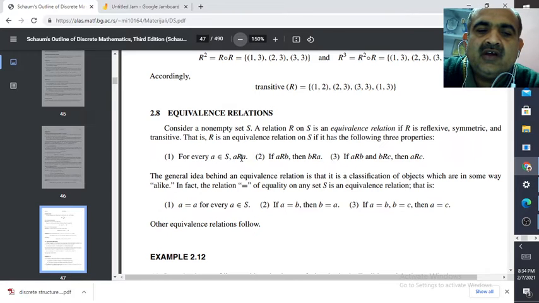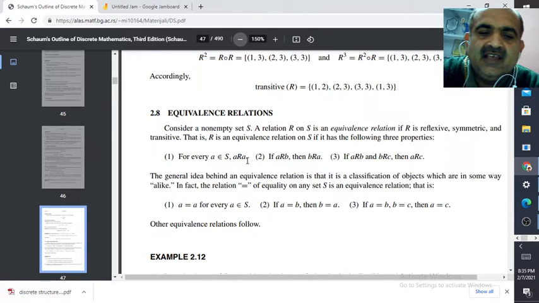No element should remain without its pair. Suppose set S has 4 elements 1, 2, 3, 4. Then the ordered pairs (1,1), (2,2), (3,3) and (4,4) must be in the relation.